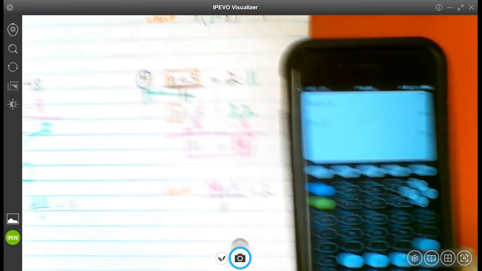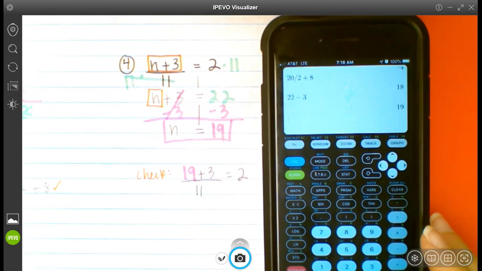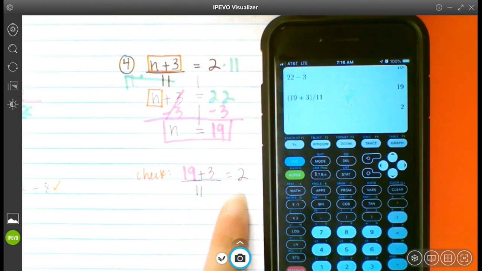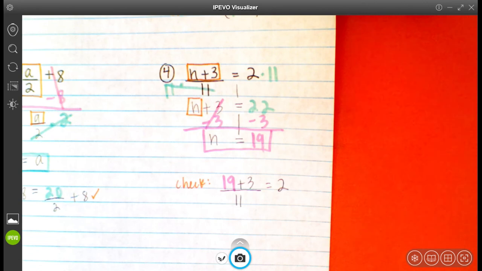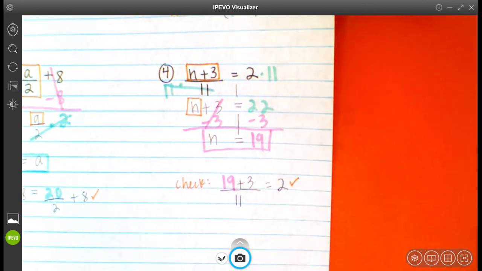So we'll take 19 plus 3. Now I need to put that in parentheses because I want all of that being divided by 11. Otherwise, my calculator is dumb and it doesn't like it. So in fact, it does give you 2. Just be careful. Sometimes your calculator is good with that and sometimes it's not.